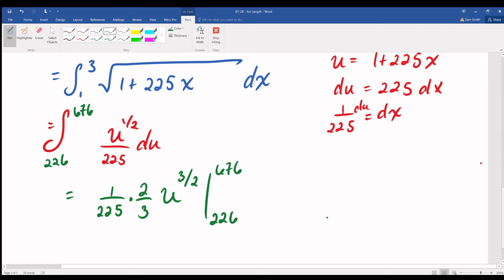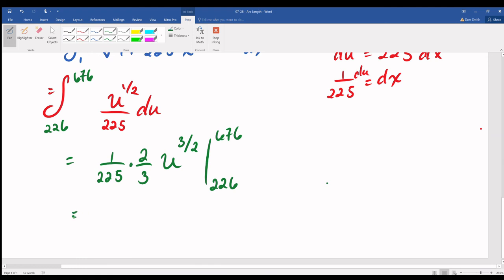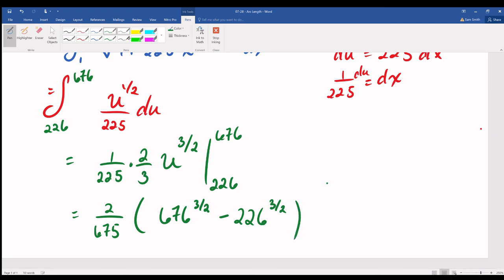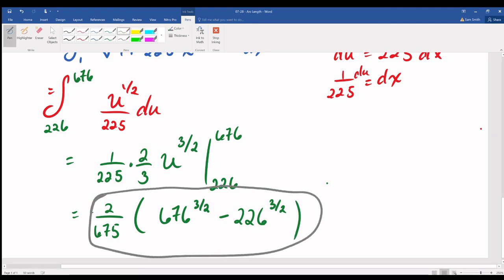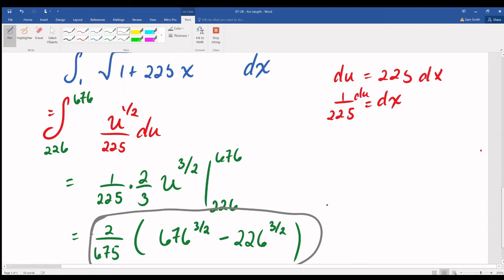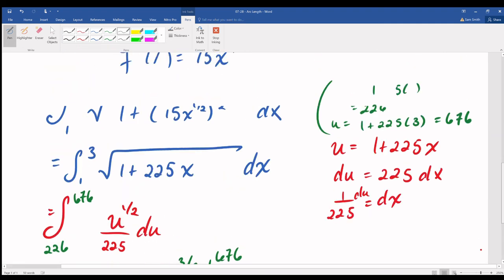So what would we have? We would have 2 over 675, and then the difference 676 to the 3/2 minus 226 to the 3/2. That would be the final answer for this question: how long is the graph of the function between this starting value and this ending value?